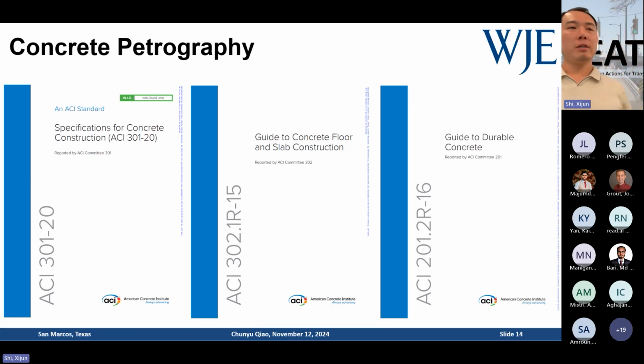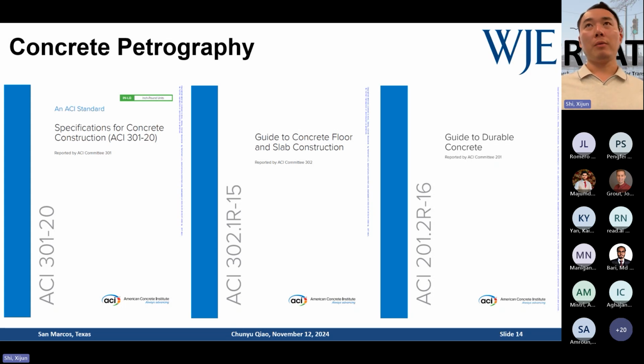For new construction issues, a lot of those aspects have been documented or specified in ACI 301, the specification for concrete construction. The major aspects discussed in that document, we can petrographically examine under microscopes.